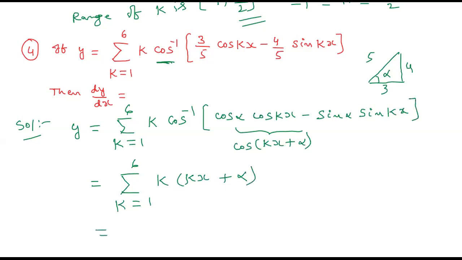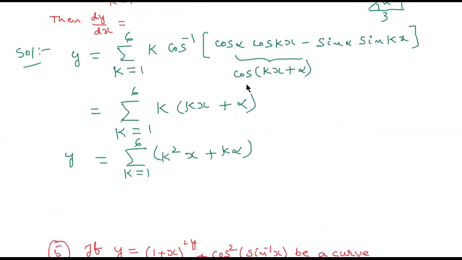Now here multiply with k. Then what happened? Sigma k is equal to 1 to 6 k square x plus k alpha. Now here apply the differentiation.